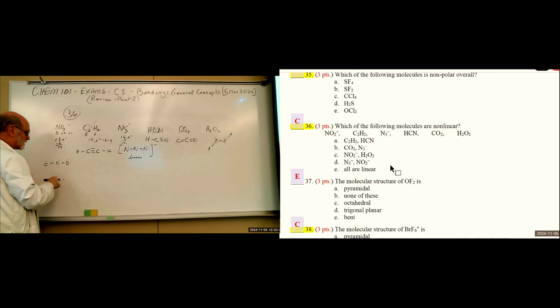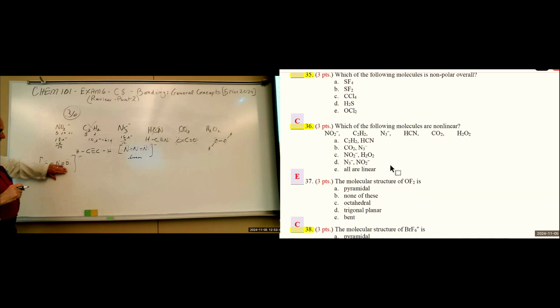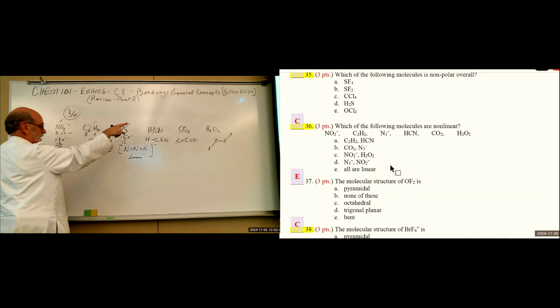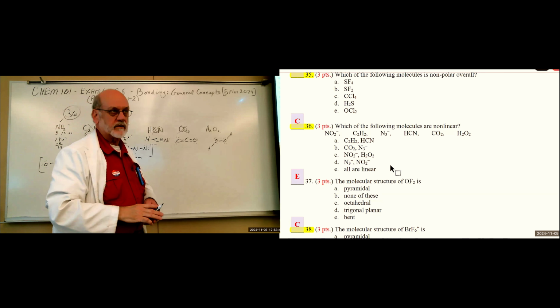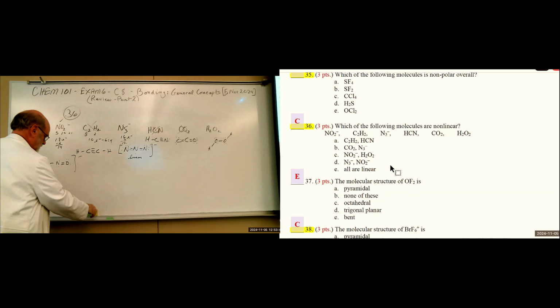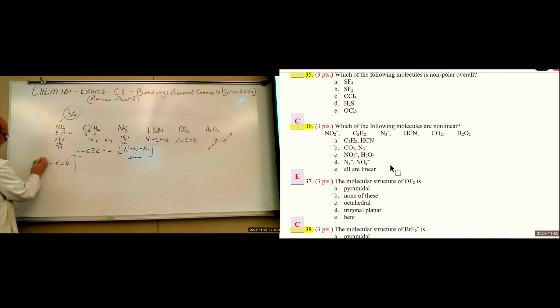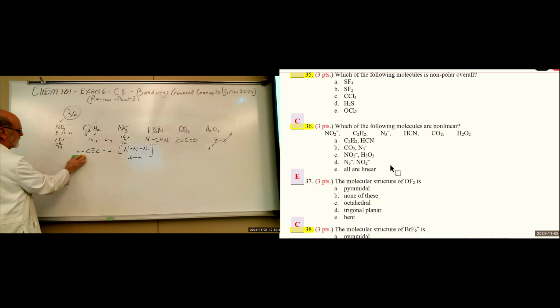All right. So this one is going to have a resonant structure. That'll be one of them. And the other one will have a double bond on the other side. And of course, like that. Okay, so this has 3 groups in the middle, which means trigonal planar. Molecular is bent. Right. So this one and that one are the correct answer, which is C, right? C.